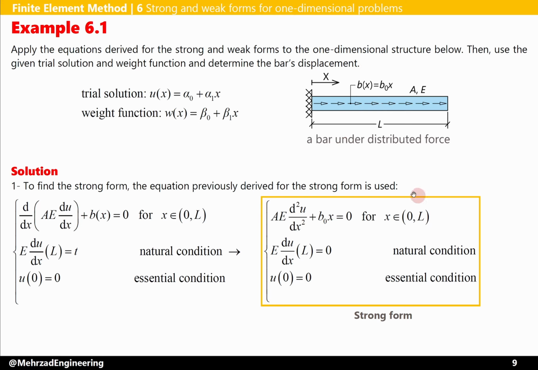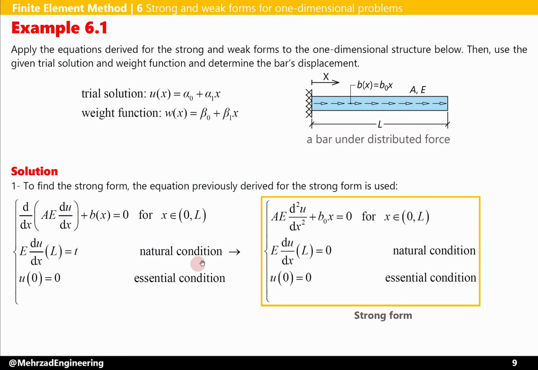So this is the equation for the strong form, the differential equation: AE d squared u divided by dx squared, the second derivative of u, plus b0 x equals 0 for any x belonging to the open interval of 0 and L.